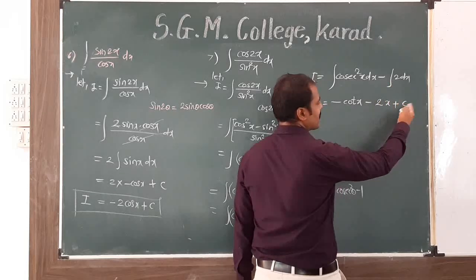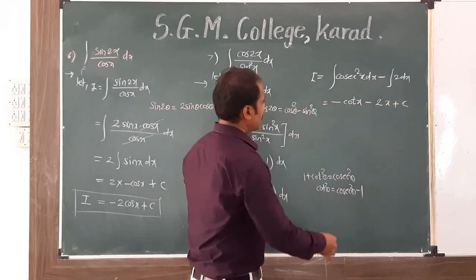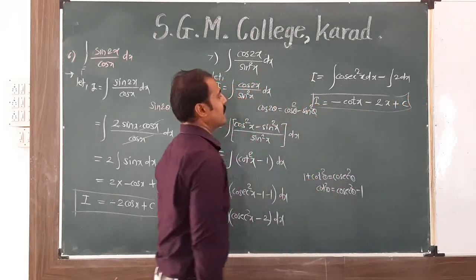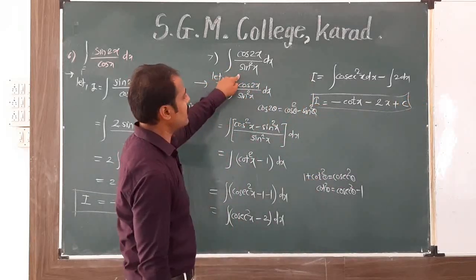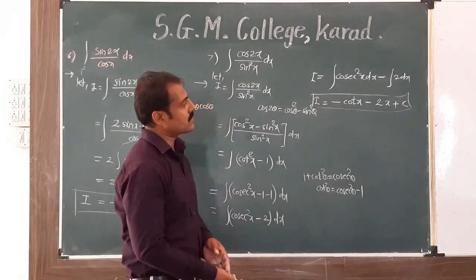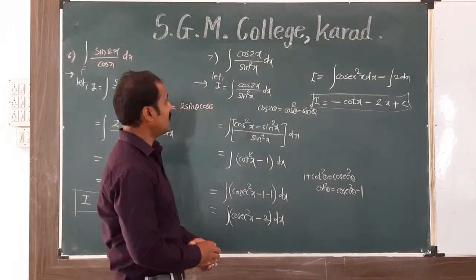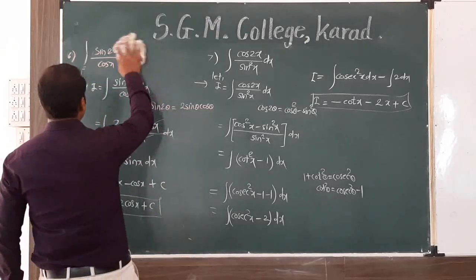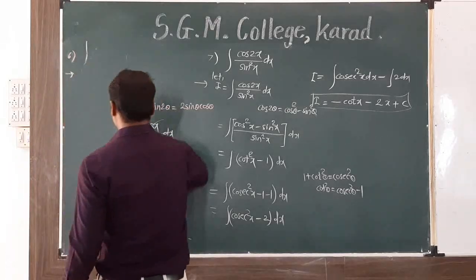Integration of 1 is x plus c. Here is the answer of the given question. Integration of cos square x divided by sin square x dx is equal to minus cot x minus 2x plus constant of integration c. Next example, evaluate integration sin x divided by cos square x.